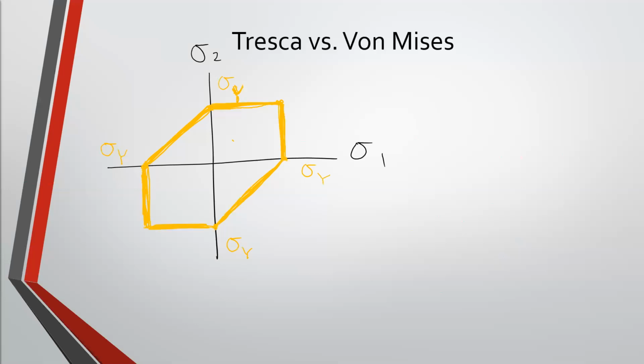But the point is, you and the wave move together. I want to move with this wave. So you can think of the wave, you are the specimen, and you're on this wave. You can never get beyond that wave, because as you're yielding, your wave is moving, which represents the fact that your yield surface is getting bigger.